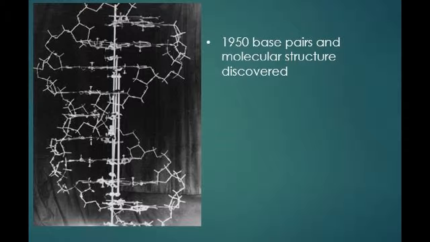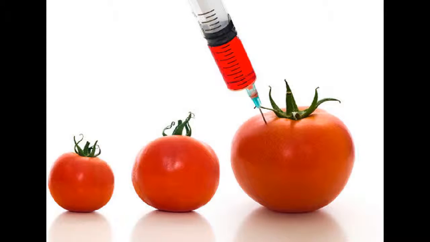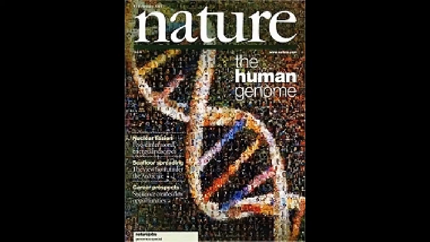Then discoveries of individual genes for diseases like Huntington disease and cystic fibrosis were made. Genetically engineered food and animal cloning was also discovered at this time. More recently, in 2003, the first completion of the human genome sequence was released.